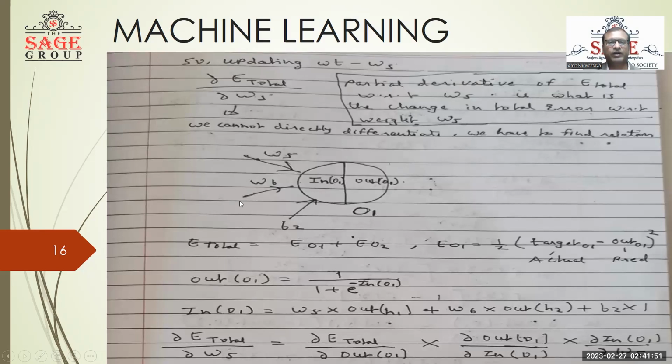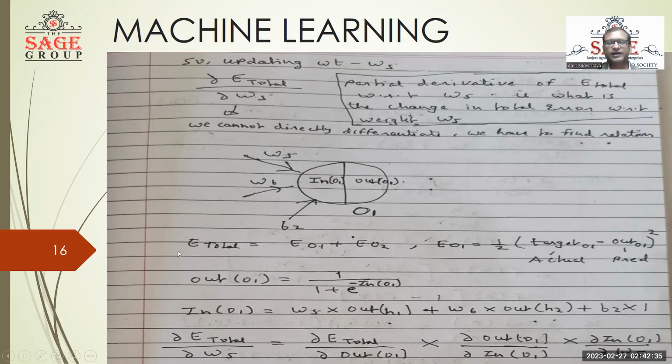So here we can see W5, W6, and B2 is coming to this O1, and we will apply this sigmoid activation function over this total input at O1 to get the output of O1, right? So partial derivative of E total with respect to W5, this is what we need to calculate, right? That is, what is the change in total error with respect to this weight W5. So we cannot directly differentiate this total error with this W5. So we have to find some relation for that.